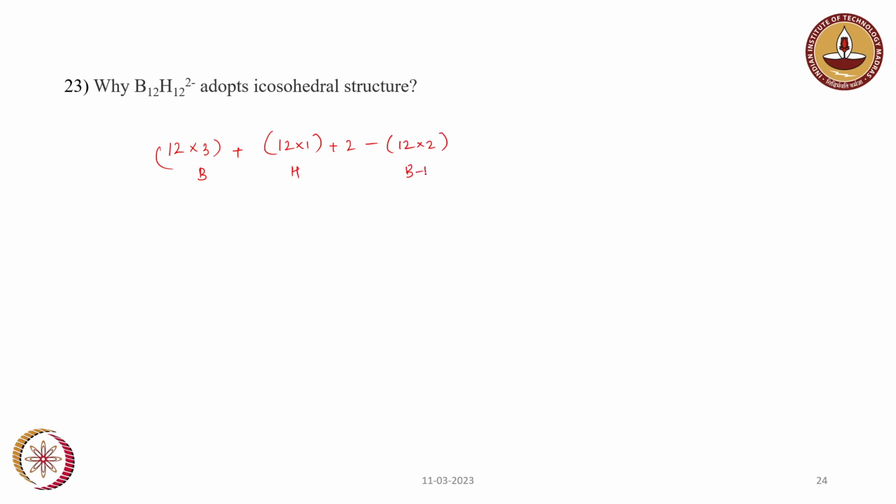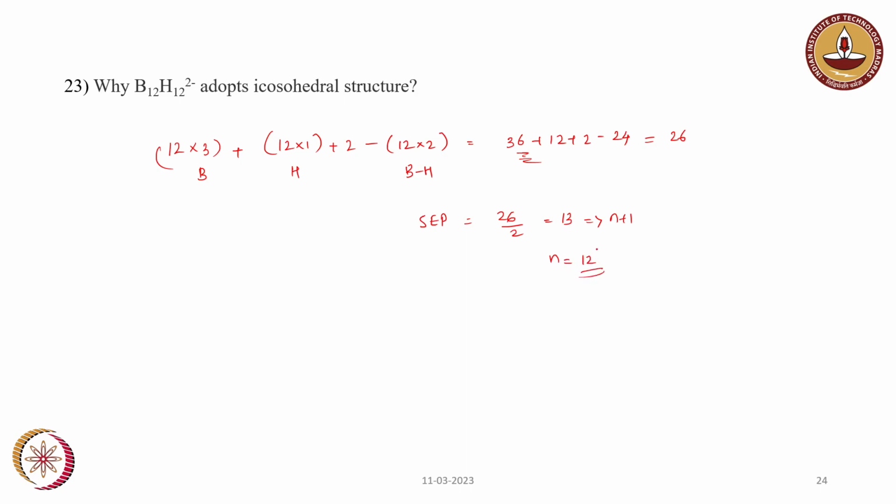So that is 36 plus 12 plus 2 minus 24, that will be 26, and SEP is 26 by 2, that is 13, that is n plus 1, and n will be 12.